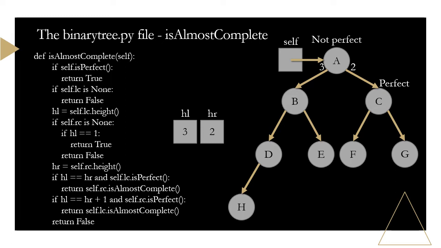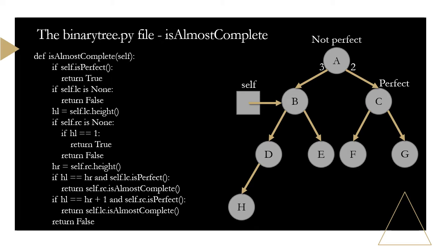Now everything depends on the left subtree of A rooted at B. If that is almost complete, then this whole tree is almost complete. So we recall this function passing to it pointer to the node containing B, and self now points to B.